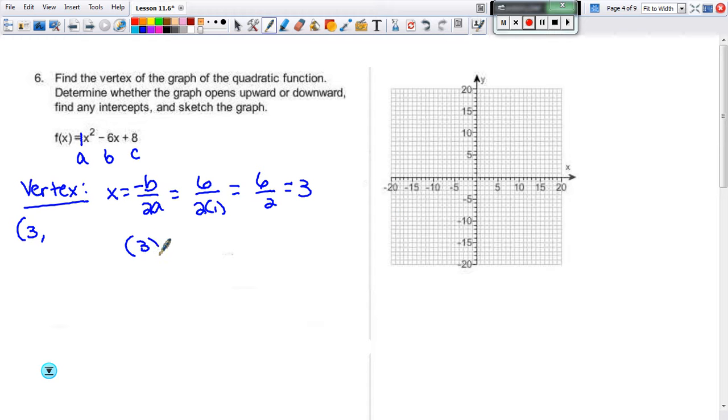So 3 squared minus 6 times 3 plus 8. 3 times 3 is 9. -6 times 3 is -18 plus 8. That equals -1. Okay, because A is a positive 1, it opens up.